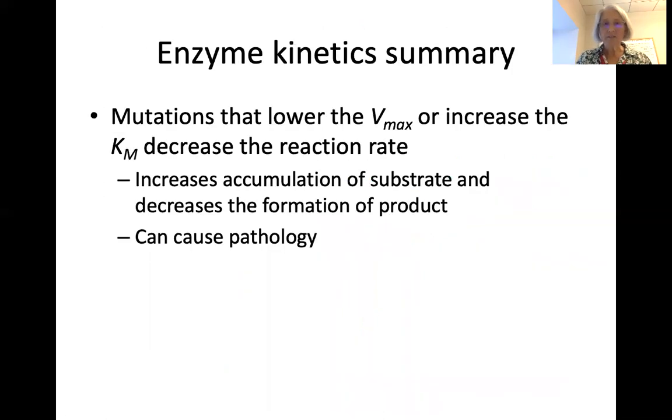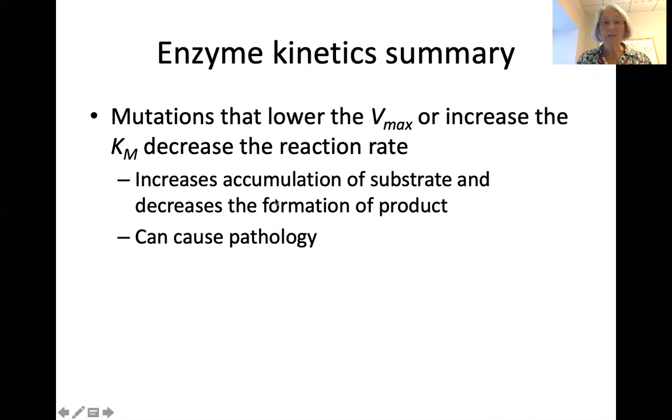Okay, so let's summarize that. Mutations that lower the Vmax, we didn't specifically talk about those, but if the Vmax is lower, the rate of the reaction will be lower. Or if you have a mutation that increases the Km, then the reaction rate is going to decrease.